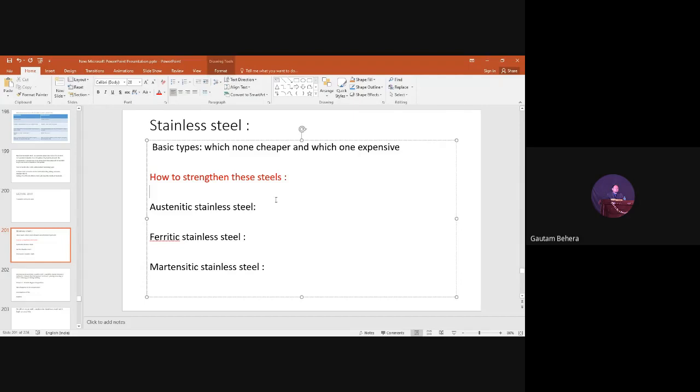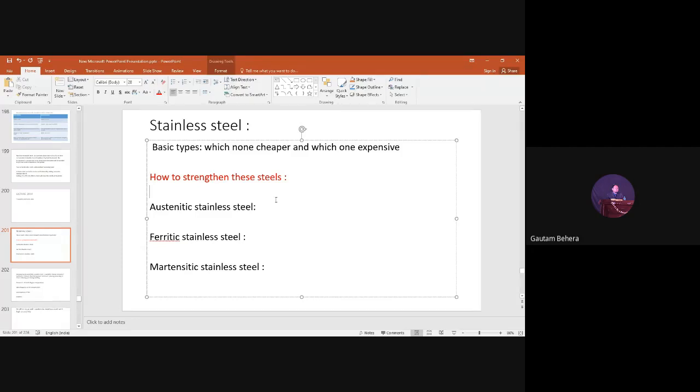For example, in a common statement, I can say that ferritic stabilizers are those alloying elements which have BCC crystal structure, but it's not always true, right? The best example I can give you is silicon. Silicon is a ferritic stabilizer which is of diamond cubic crystal structure.